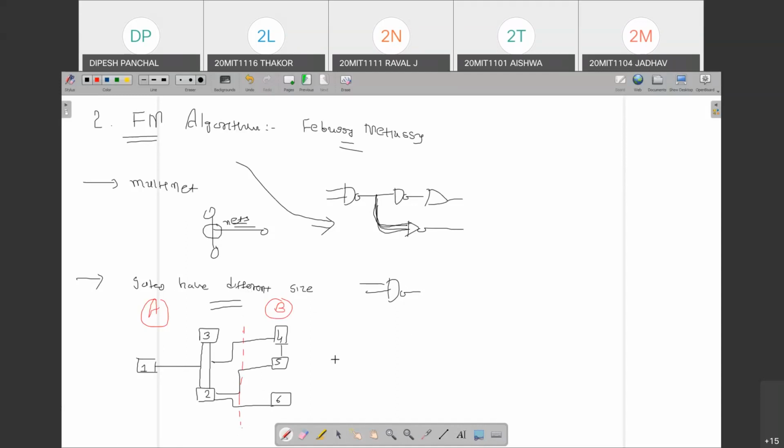Let me give the net names also: M, Q, K, P, and J. Which nets are multi-net? Can anyone tell me?